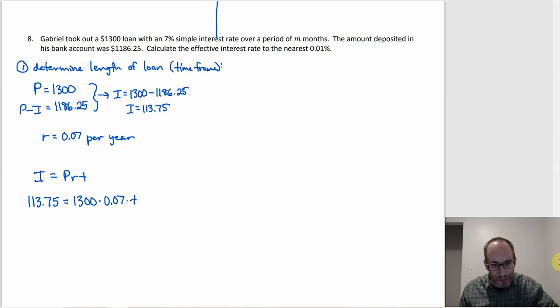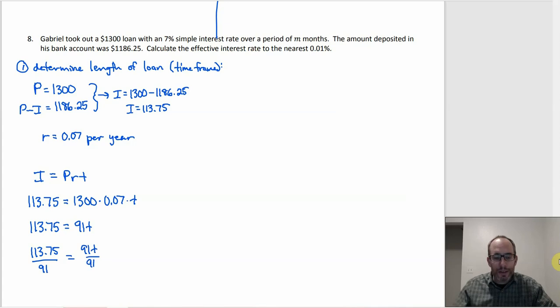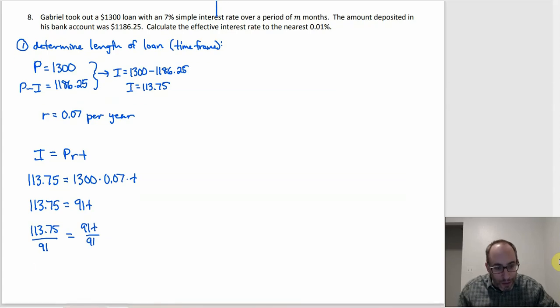1,300 times 0.07 is 91. So 113.75 equals 91 times T. And if you divide both sides by 91, then T is actually 1.25.